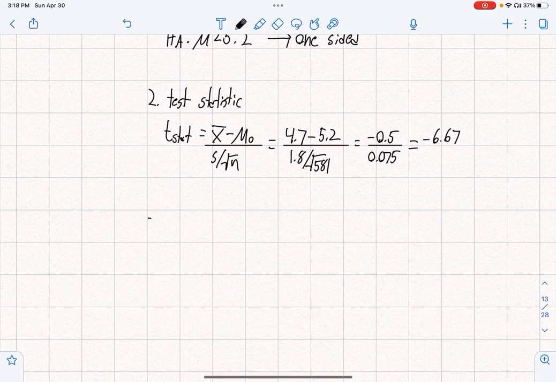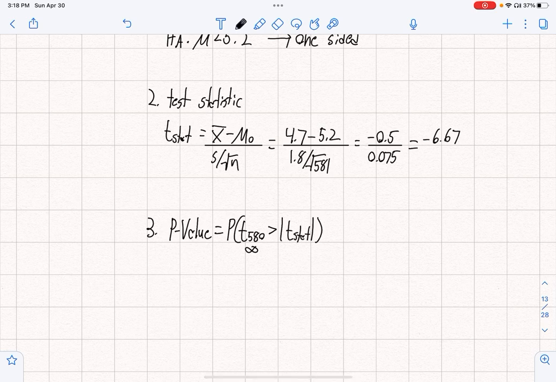Step 3 is where things are different. We calculate the p-value, which is the probability that T580, again, I'm using the infinity line, is greater than the absolute value of t-stat. So that would be P of T580 bigger than 6.67. Again, this is a really big number.